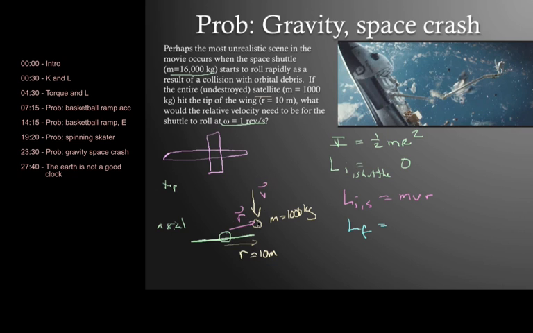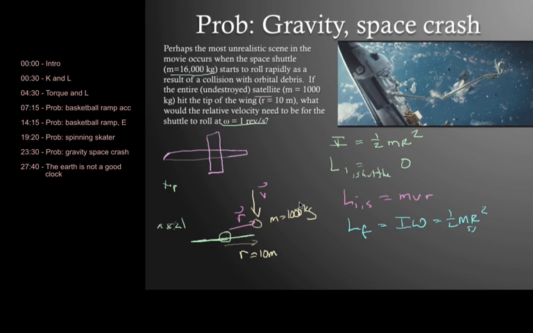So it had some collision, all of this got consumed by this, and these guys just somehow stopped, just to make everything really easy. That's I omega. This is 1/2 m of our space shuttle, r squared.